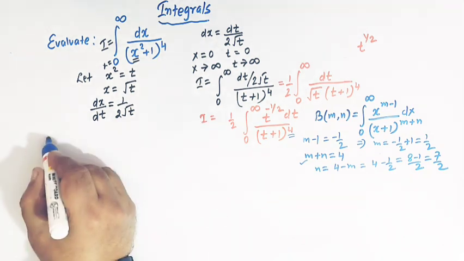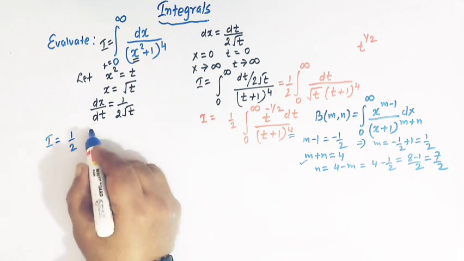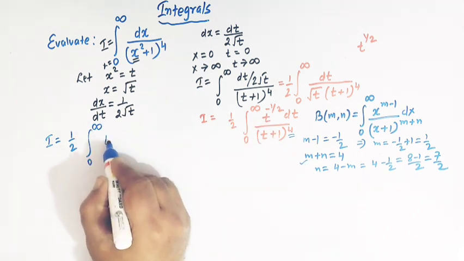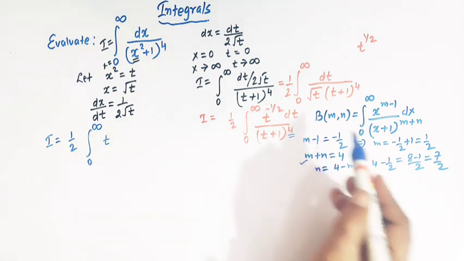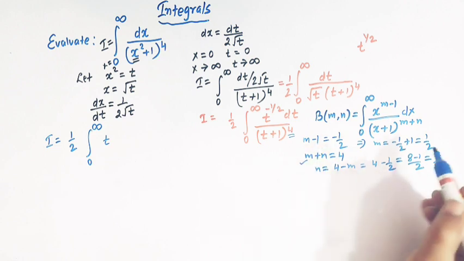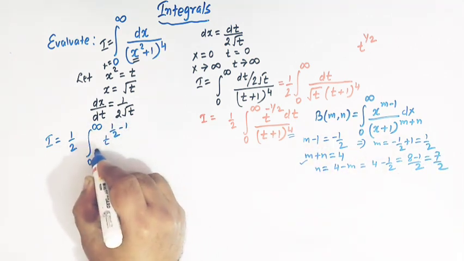So now this integral I can be written like this, that is half, we have 0 to infinity, and t raised to minus half, right? Now see, t raised to minus half is m minus 1 and m is half. So we can now write it like this, half minus 1.